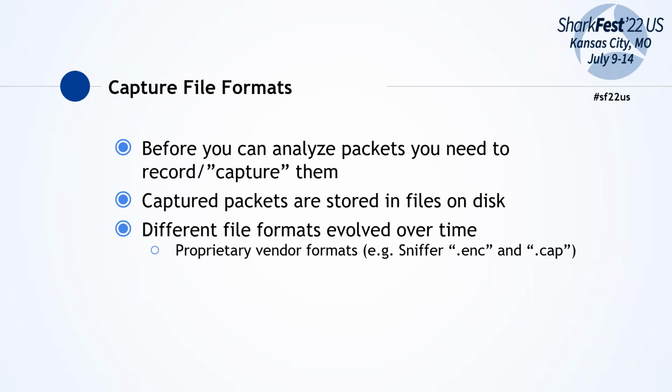So if you are ever opening a .cap sniffer file, Wireshark can do it, but it can't read all of the details that are in there, so it skips them. Because they would need to be reverse engineered, and that is something that is not really useful because nobody uses that format anymore, I think, or few people do. And they don't care because they're just using the sniffer then, and it can read and write it, so it doesn't matter. The open formats are .pcap and .pcapng, and we will take a closer look at those two.